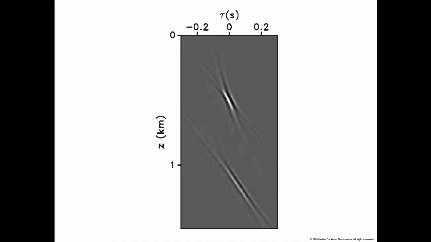We see that for the first layer, the focus in the time lag gathers is at 0 tau, which is consistent with the velocity model we have. But the focus corresponding to the second layer moved to positive tau because the velocity is lower than the true velocity.